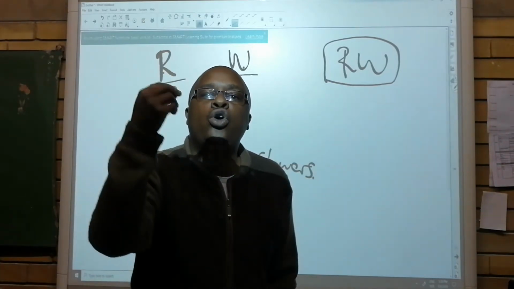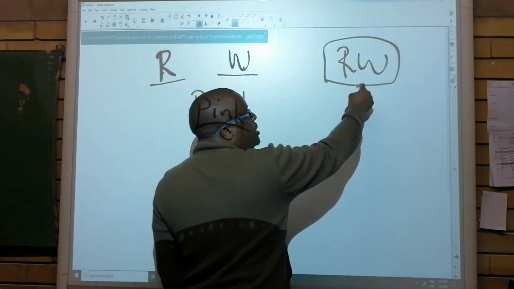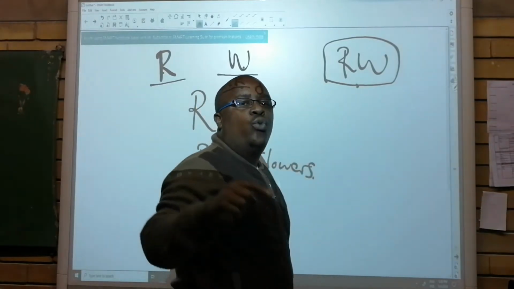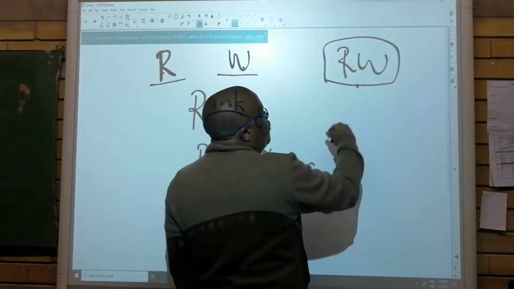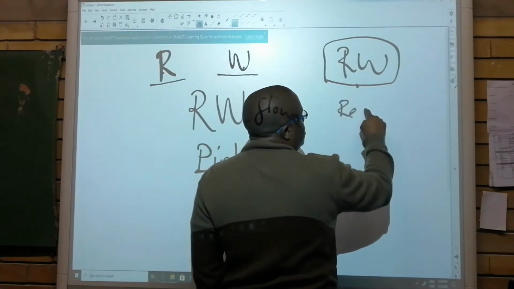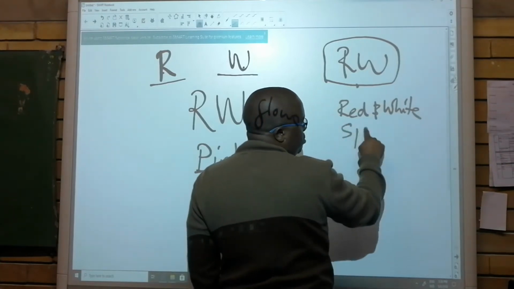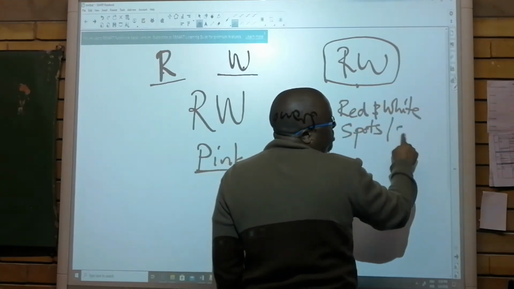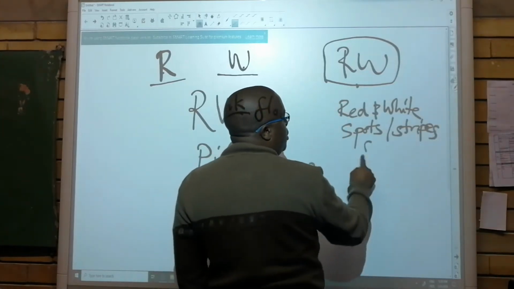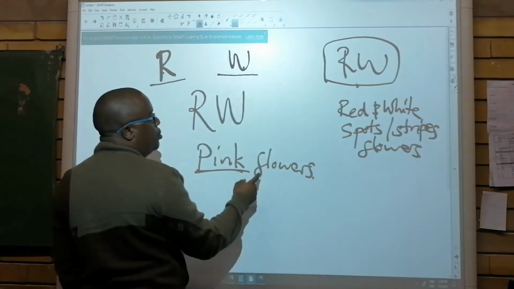So if there was co-dominance in snapdragon flowers, then this heterozygous condition would give us a plant with flowers that have maybe spots or stripes of red and white.